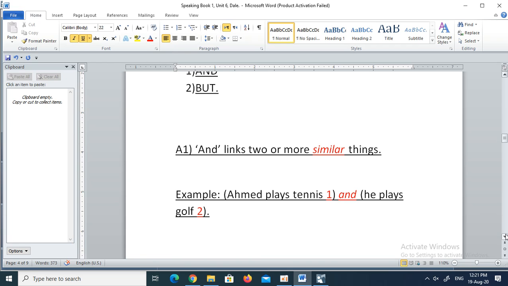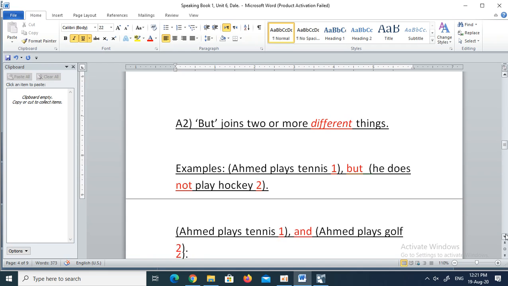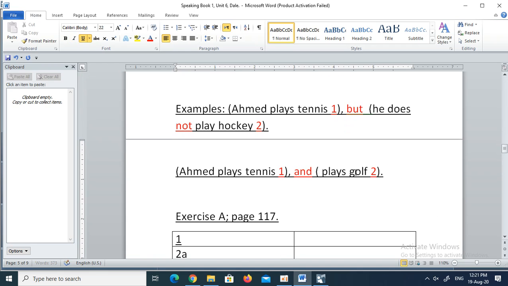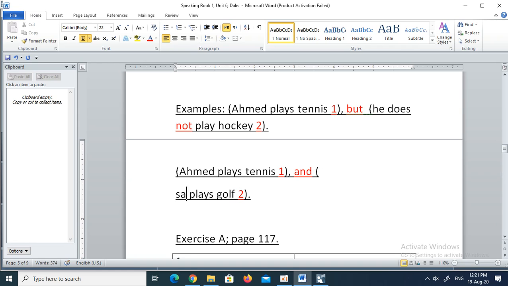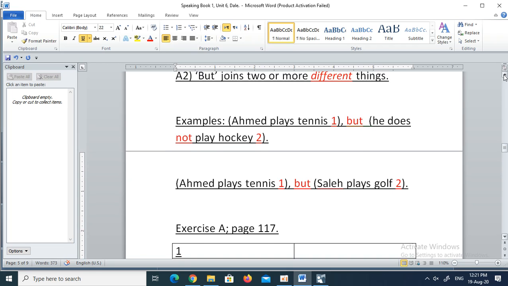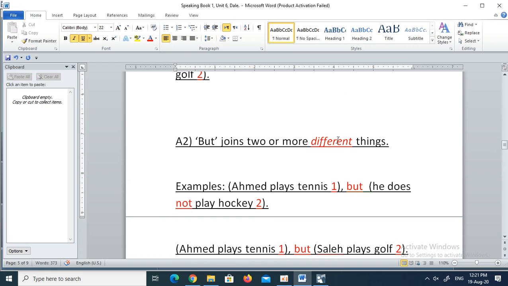But if I am going to say Ahmed plays tennis and then Sadi plays golf, I must use but, because but links different things.